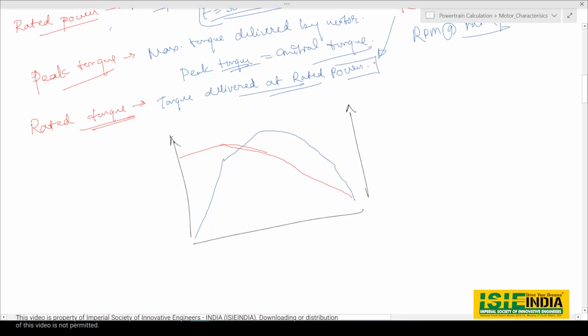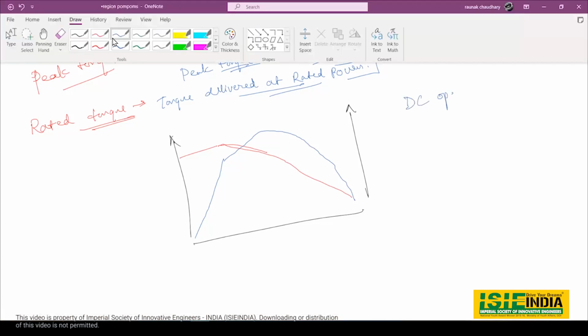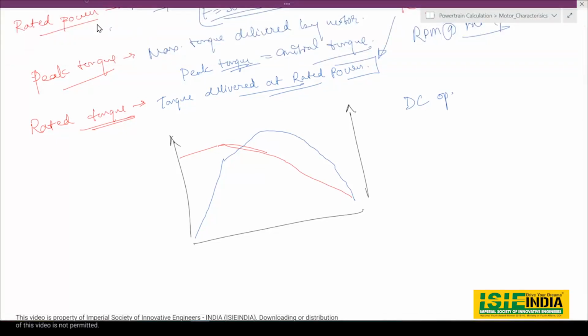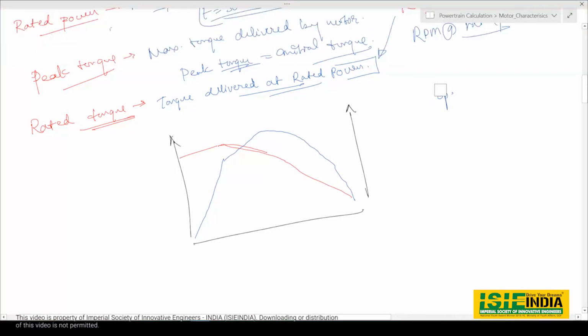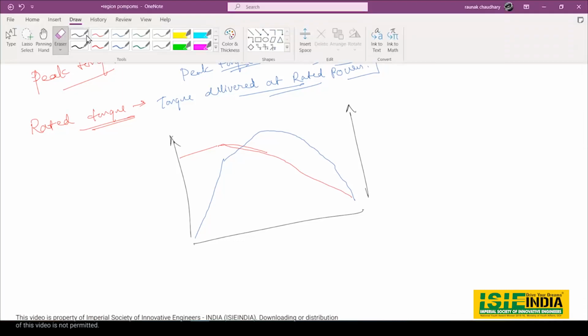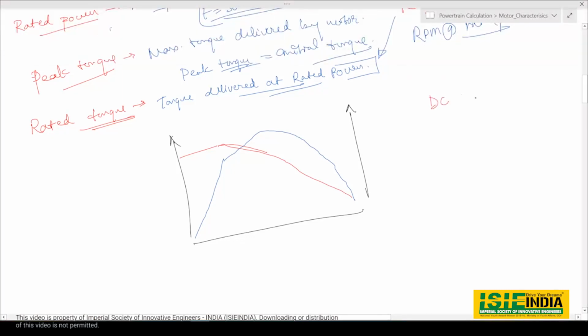Okay, right. Now for BLDC motor, as we know that this is a DC operational motor, right? So it is using a DC source, right? So over here now, this is the torque and power of the motor, right?